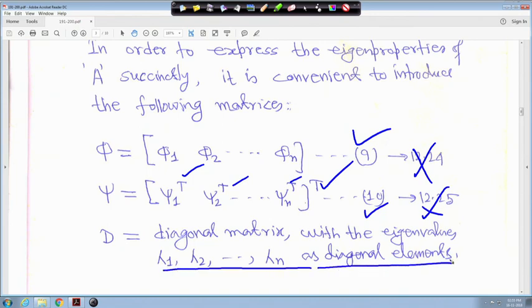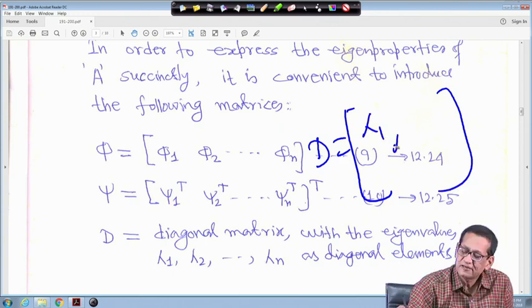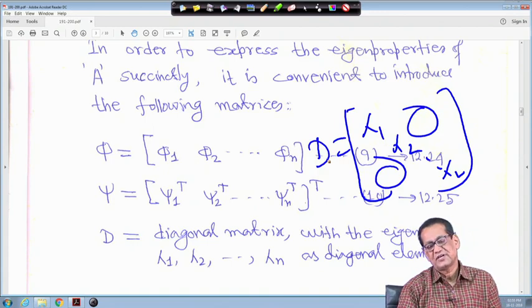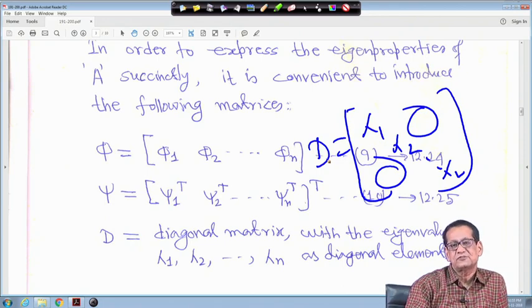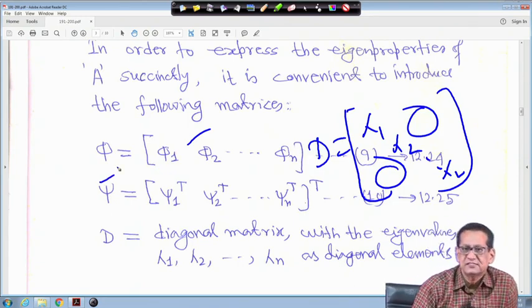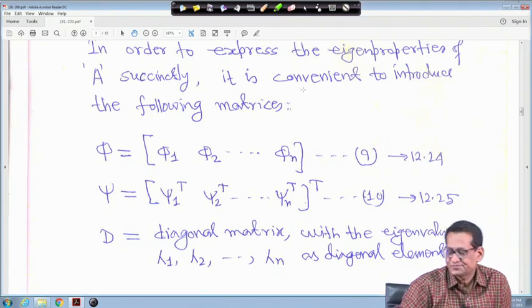That means D is a diagonal matrix, lambda 1, lambda 2 up to lambda n, and other elements are 0. And phi 1, phi 2, up to phi n, or psi 1 transpose, psi 2 transpose up to psi n transpose, these are all column vectors, but together phi and psi are matrices.